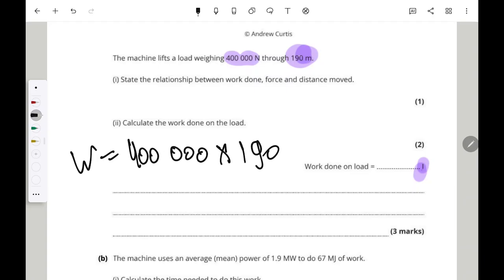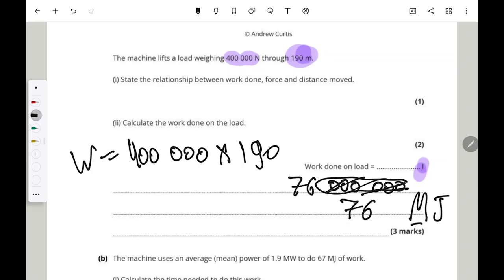You just need to multiply both of these two together, which if you put them in the calculator, would give you, I'm going to write it here because I don't have the space there, 76 million joules. And if the question asked you to write it in another unit, megajoules, you would need to understand that the word mega means a million, so you take all of these zeros away, and it would be 76 megajoules.